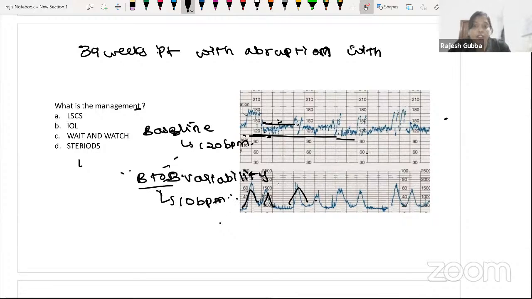It's good. Do you see any decelerations or any accelerations here? I want you people to answer for acceleration or deceleration at least. Acceleration means the heart rate is going up from the baseline, and deceleration means the heart rate is going down from the baseline. From this image, what do you feel? Is the heart rate going up or going down?